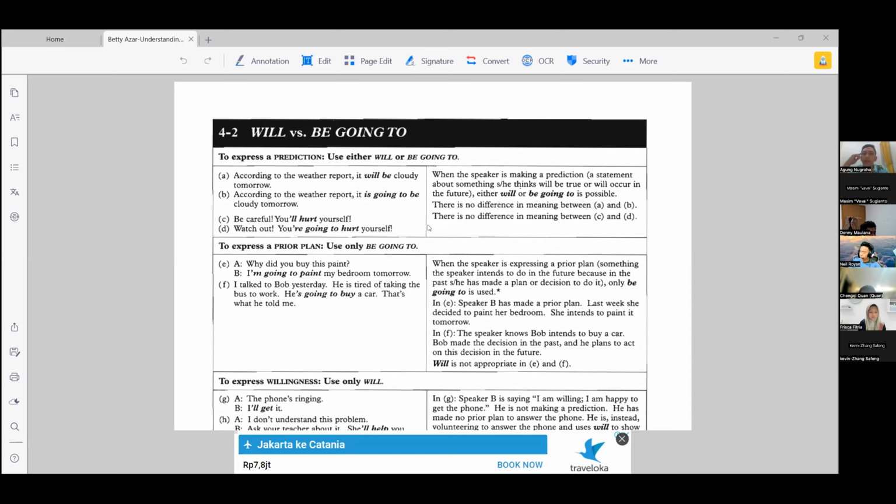You can say tomorrow it will rain, or tomorrow it is going to rain. So that is the expression of prediction.